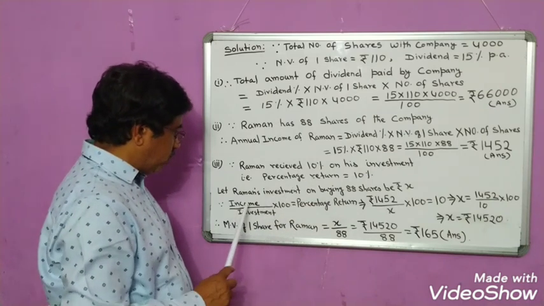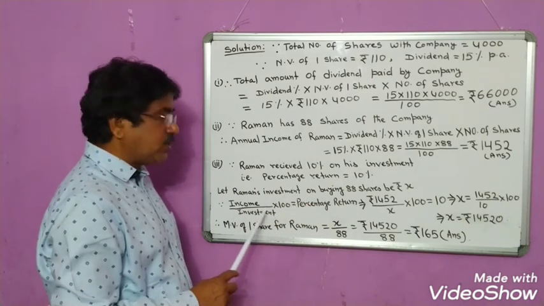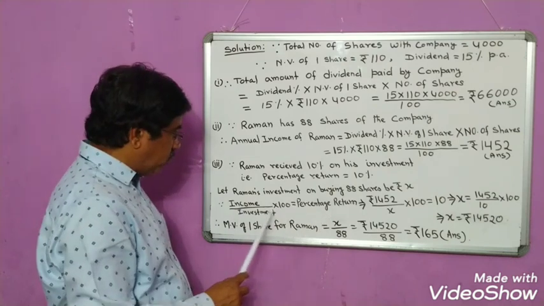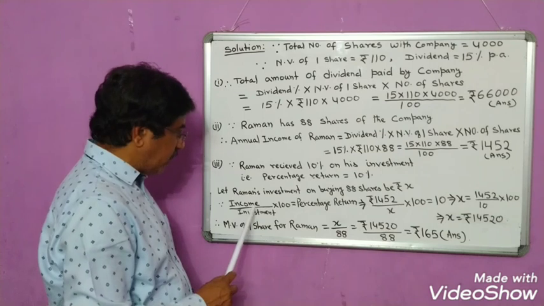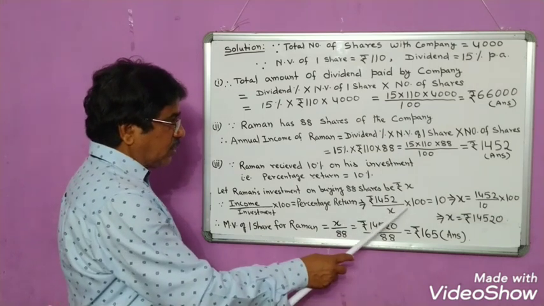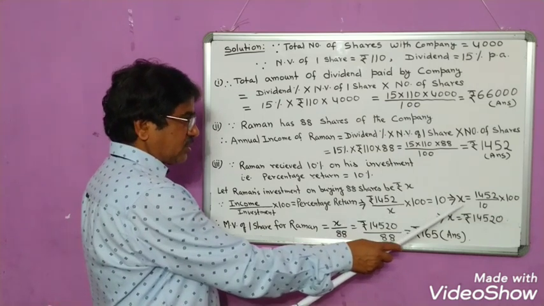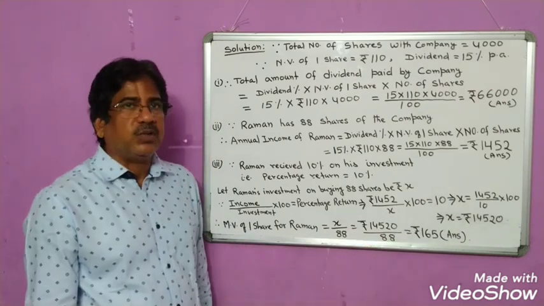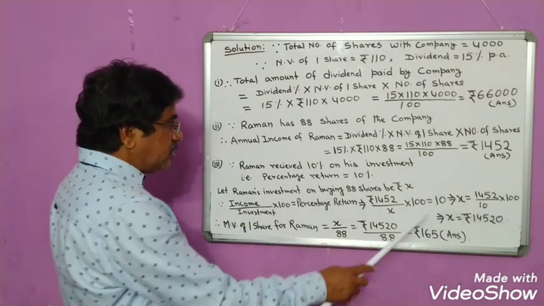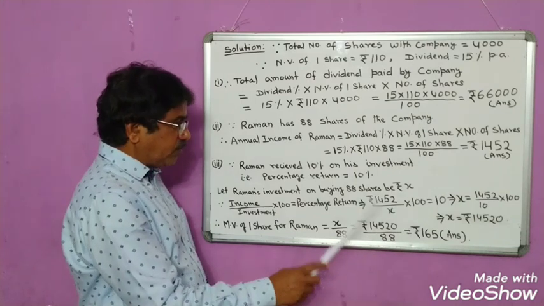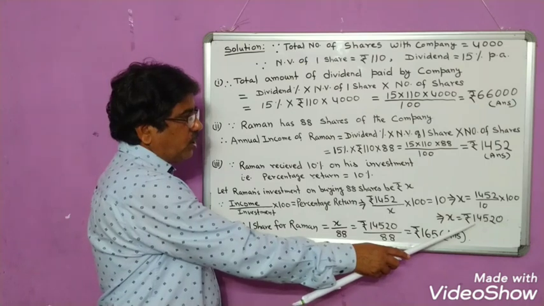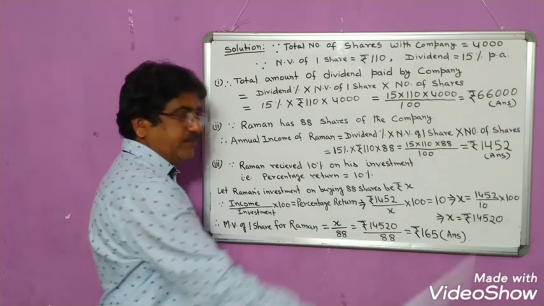So, using this formula, we know that income divided by investment into 100 will give you the percentage return. Substitute the values of percentage return and income, and you will get the value of X as rupees 14,520. So the total investment made by Raman for buying 88 shares is 14,520.